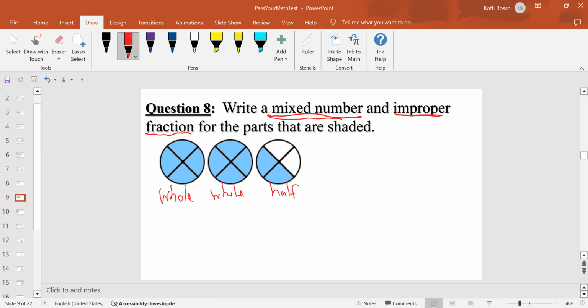Now, in terms of a mixed number, because you have a whole 2 times, so that will be 2. So mixed number, you're going to have a 2 and the half. Simple.